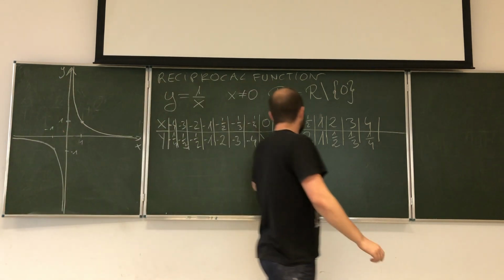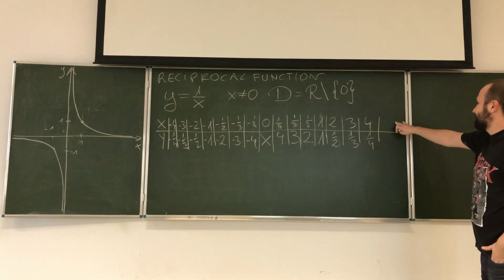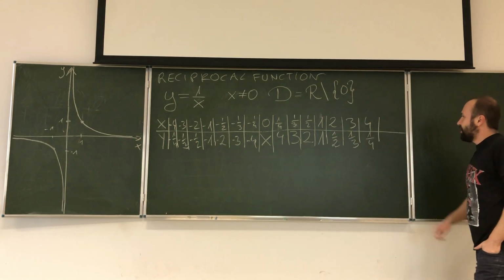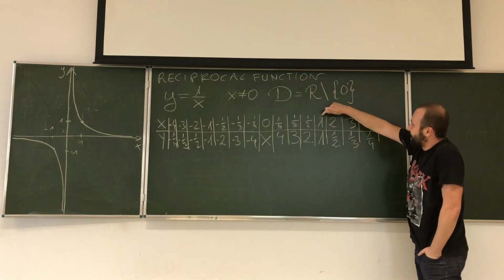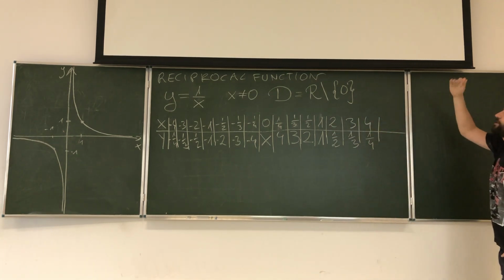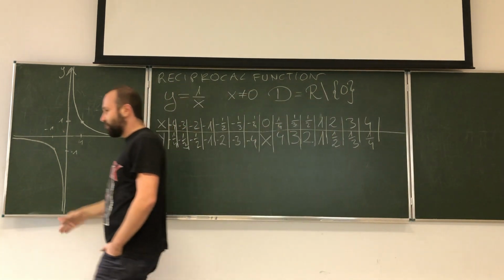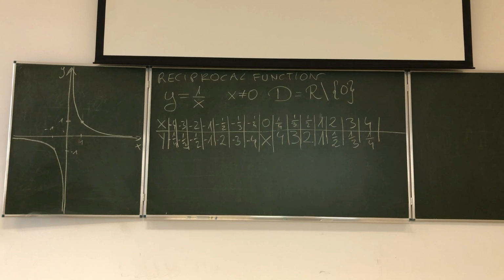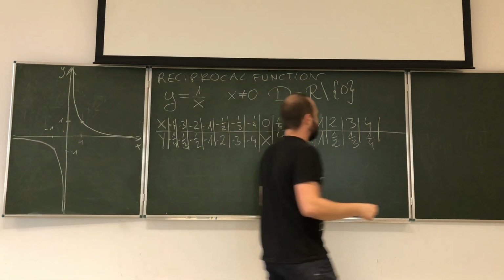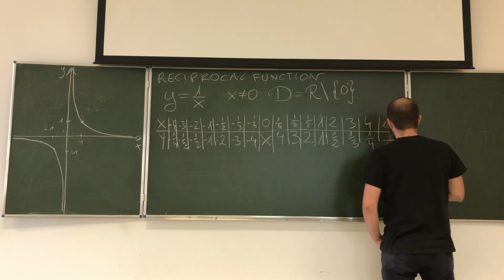Look, let's start with what is happening if the numbers here are increasing. If I increase the number from 1 to 2 to 3 to 4, we are dividing 1 by a bigger and bigger number. As a result, we are obtaining a smaller and smaller number. If I would have here 1,000, I would have here 1 over 1,000.